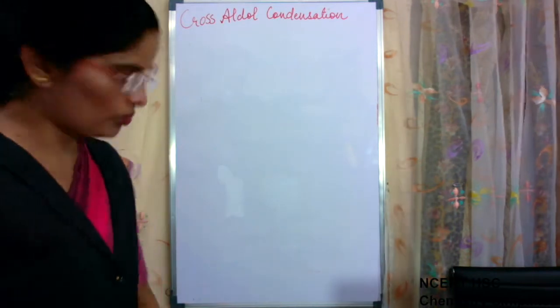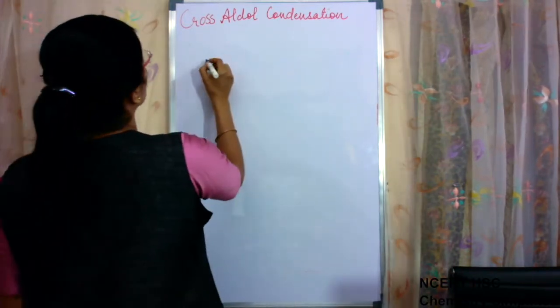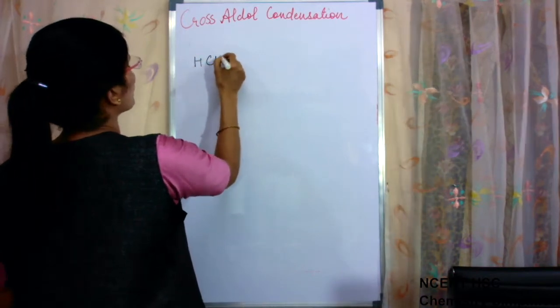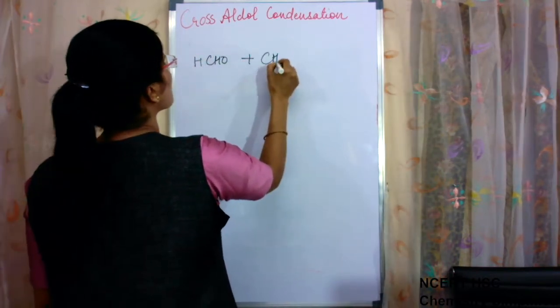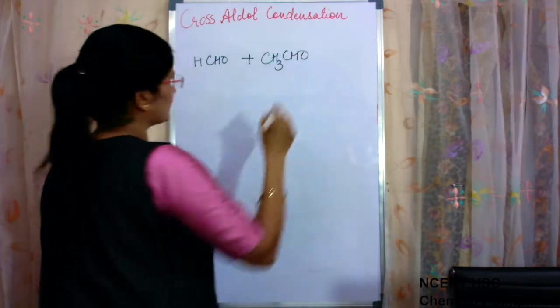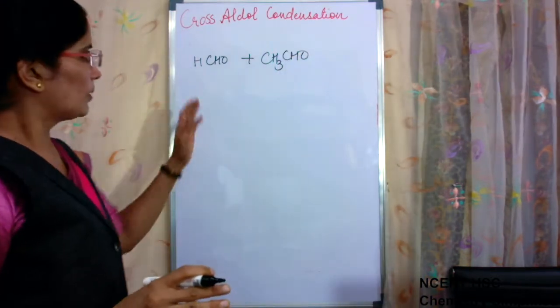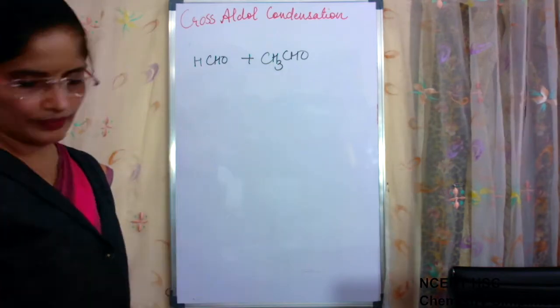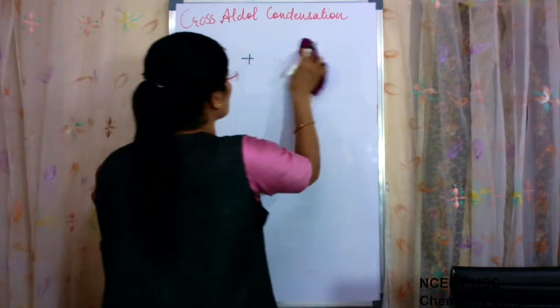Let us take two molecules, HCHO combined with CH3CHO. We can take any two molecules, maybe a ketone also, one aldehyde and one ketone. Okay, let us take one aldehyde, one ketone.